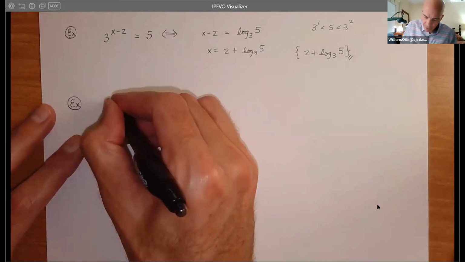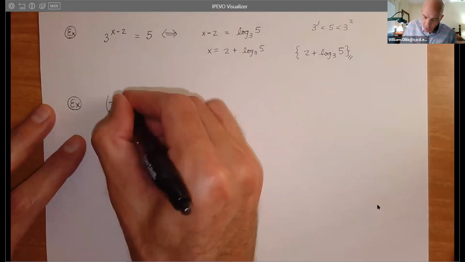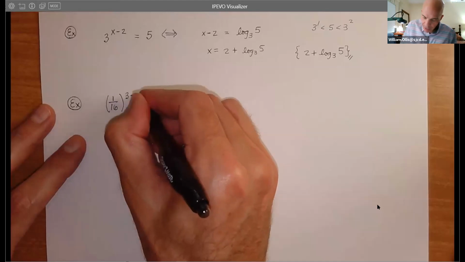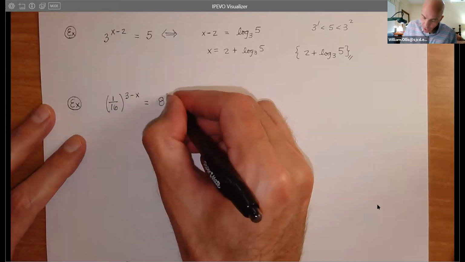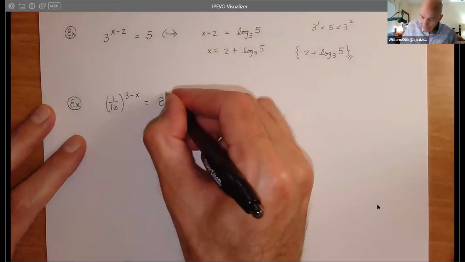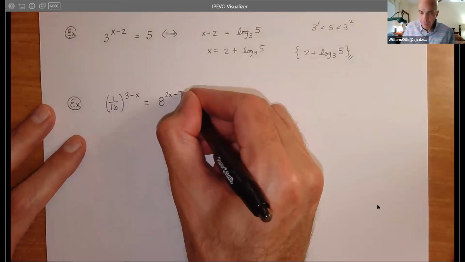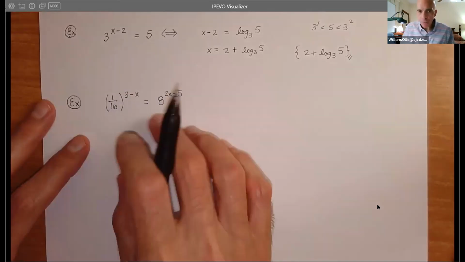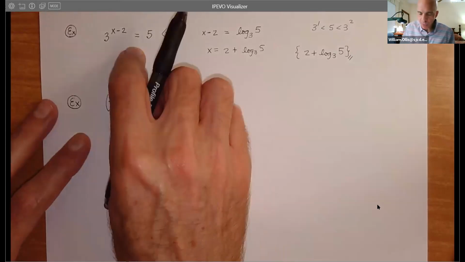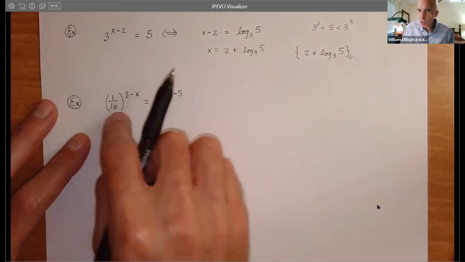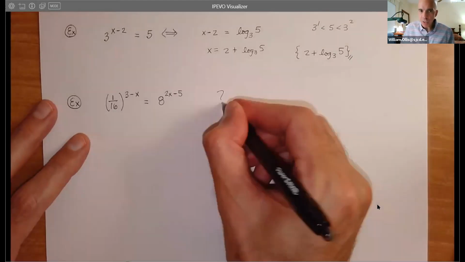Say we had something like 1 over 16 to the 3 minus x equals 8 to the 2x minus 5. If I wanted to solve this, you're thinking, well, I don't really want to use this, and I really kind of need to use maybe the one-to-one property of the exponential functions.